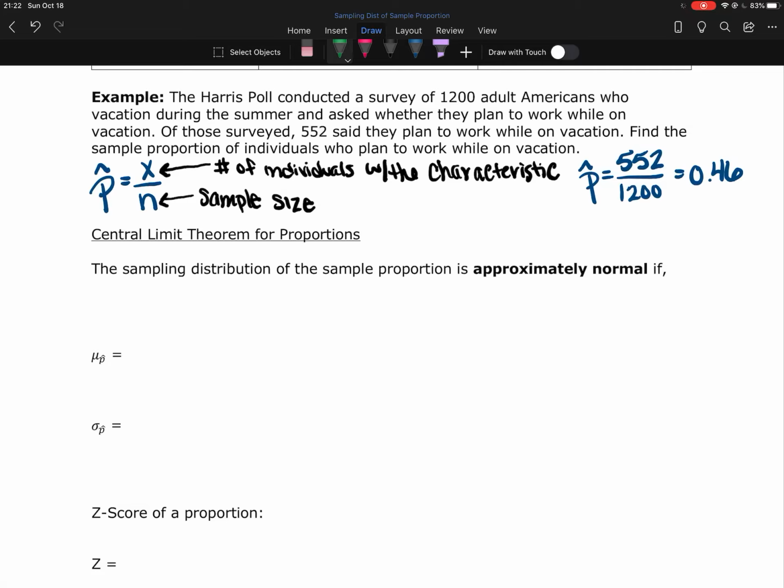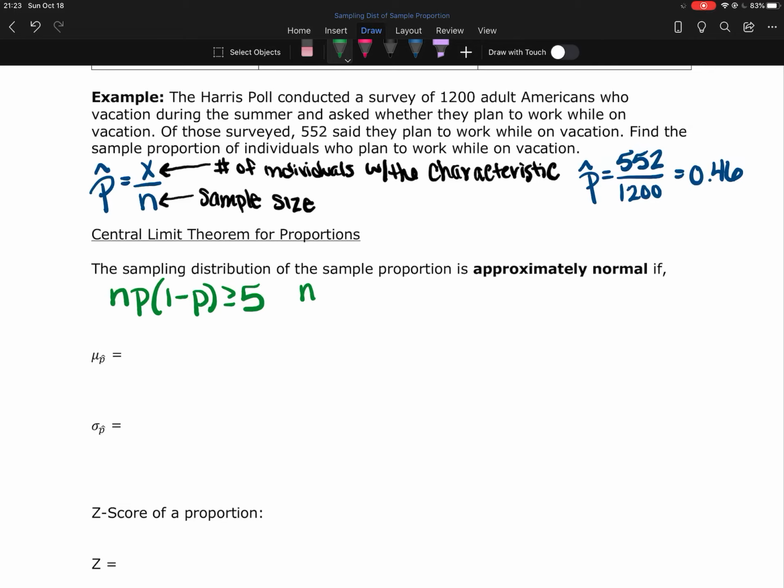So we have this sampling distribution of all possible samples, looking at the proportion from each sample. It is normal if n times p times 1 minus p is greater than or equal to 5.